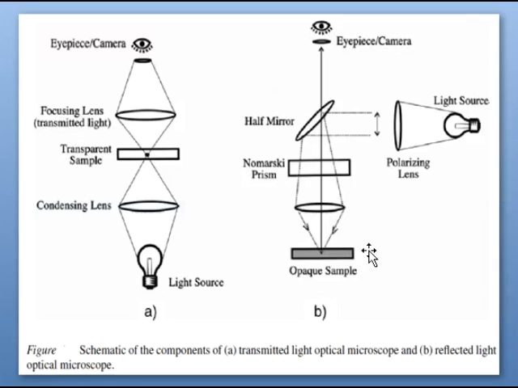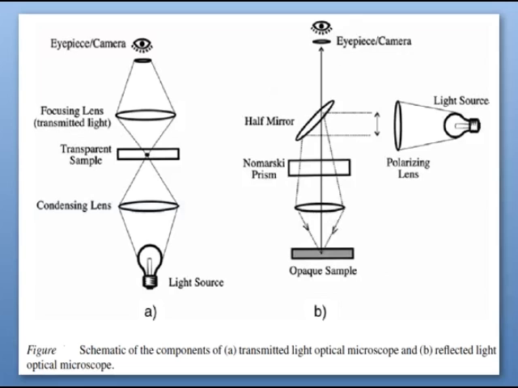The second one is the reflected light optical microscope. In part B you can see here the opaque sample, which is to be analyzed, which is to be amplified, is used in the reflected light optical microscope.